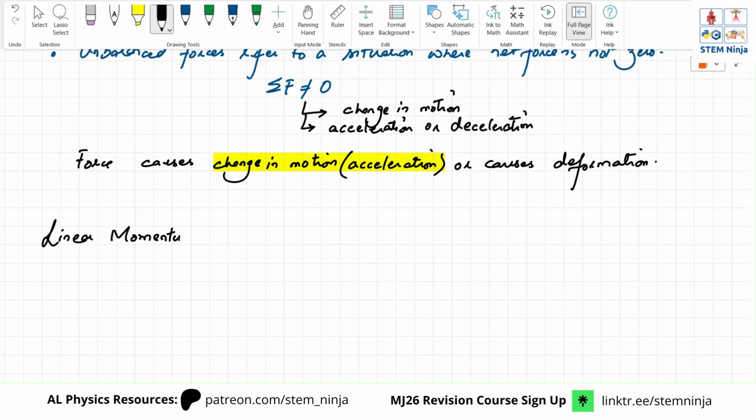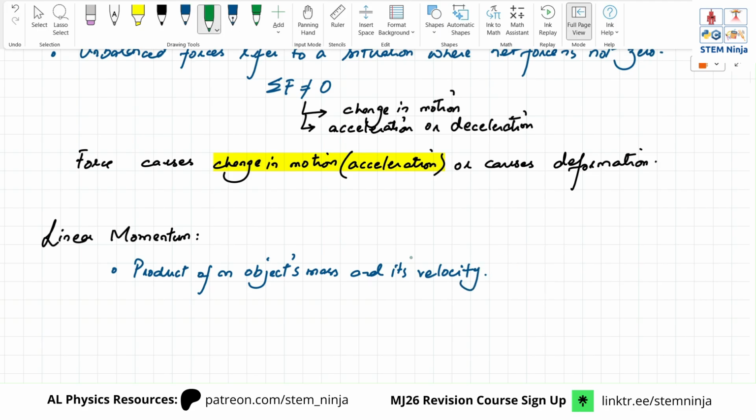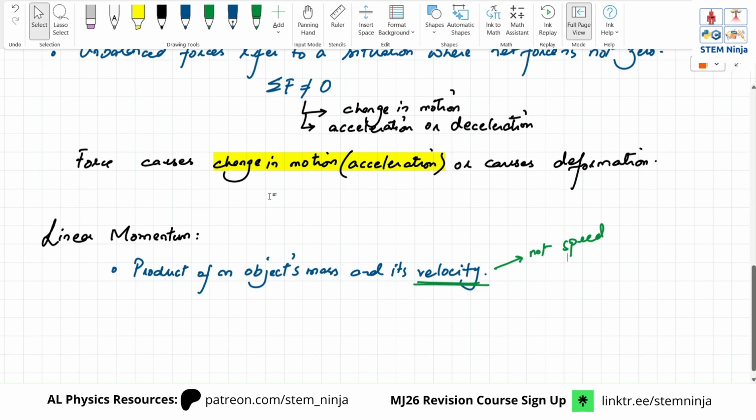Linear momentum. Linear momentum is a product of an object's mass and its velocity. Notice that we are talking about velocity, not speed. So we are also considering the directional part of that.